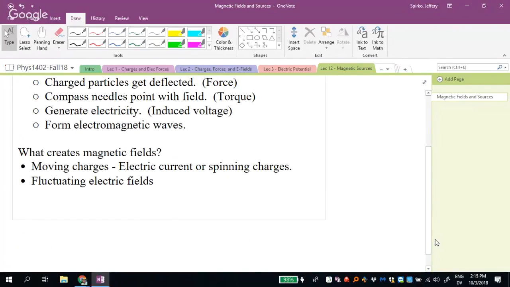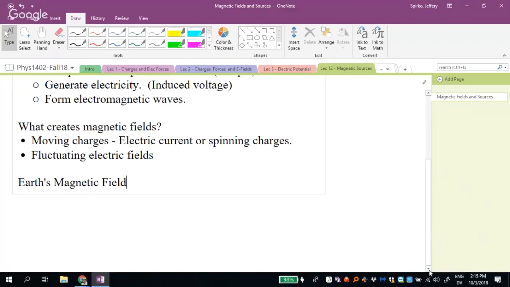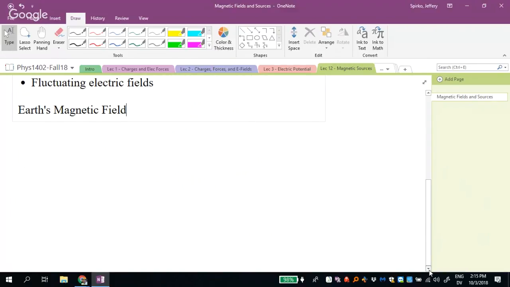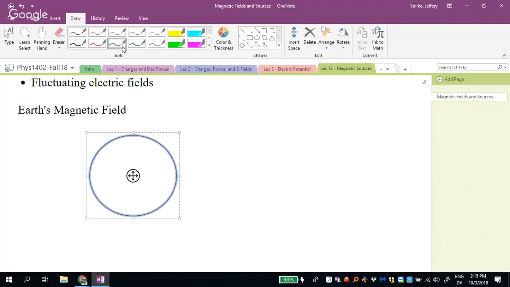So the first magnetic field that we encountered historically is Earth's magnetic field. So I'm going to attempt, I have not done this in OneNote yet, but I'm going to attempt to draw Earth. Okay, so that's a good start.